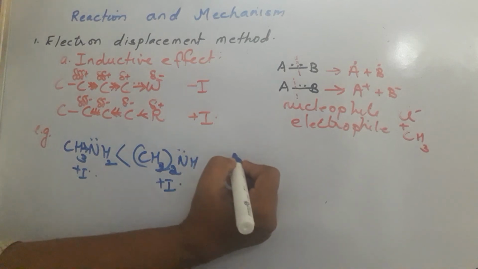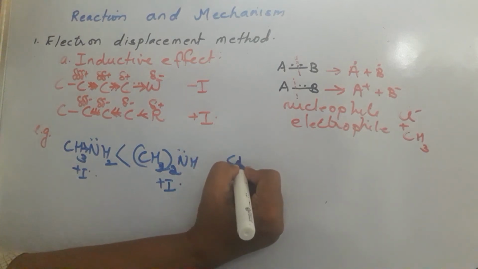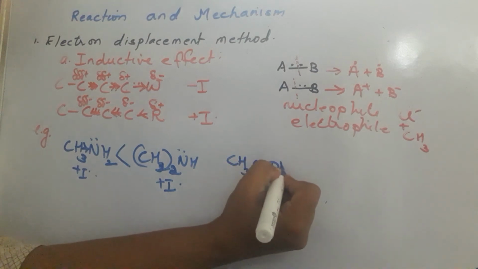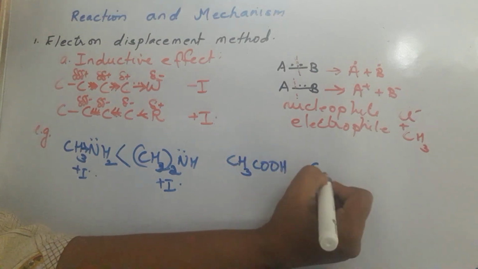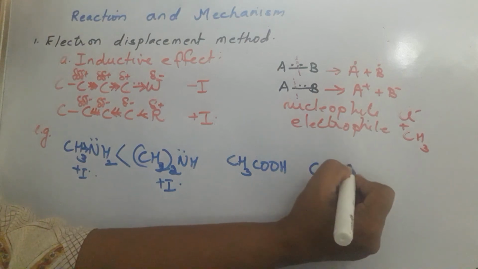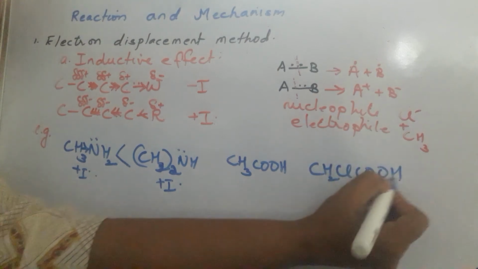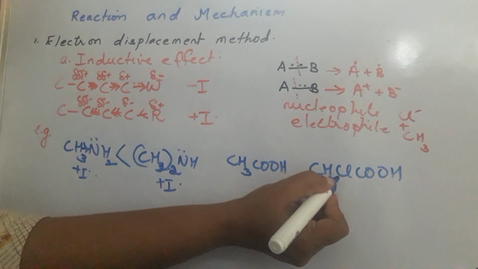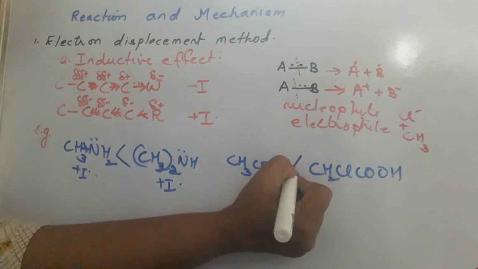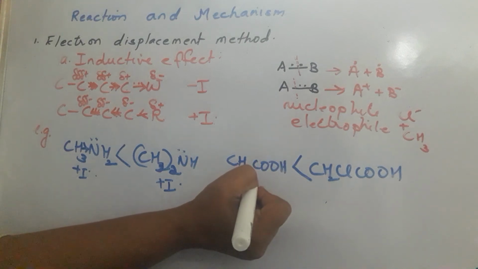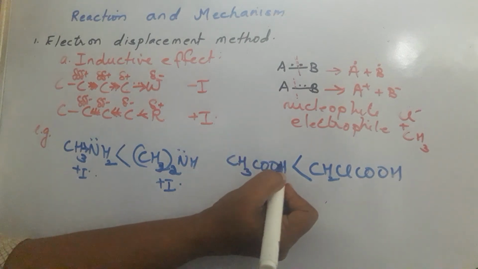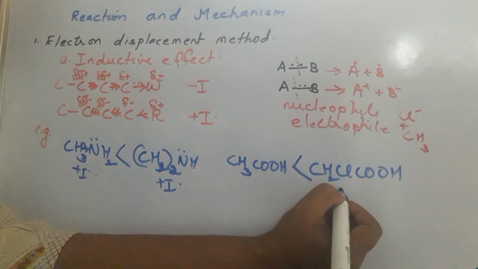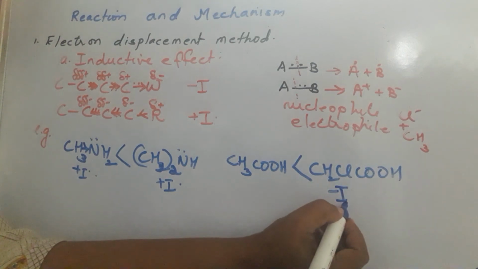In the same way, relative acid strength can also be explained on the basis of inductive effect. For example, suppose you take chloroacetic acid and acetic acid. When you compare their acidic nature, chloroacetic acid is more acidic than acetic acid. The reason is that chlorine, being an electron withdrawing group, shows minus I effect.